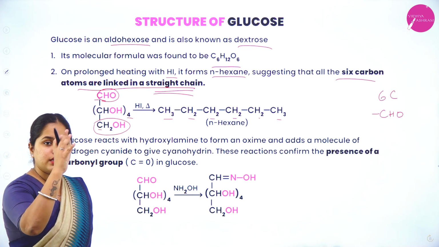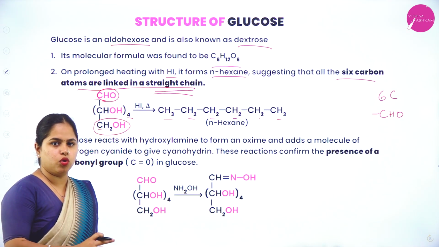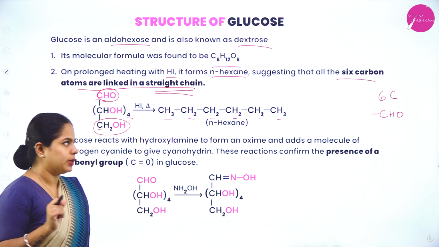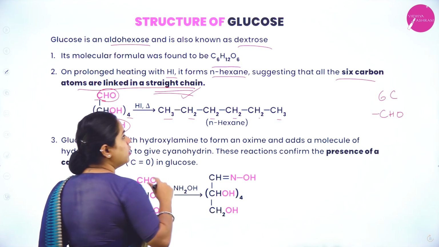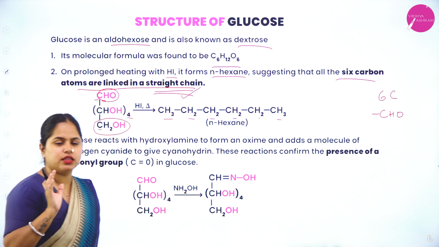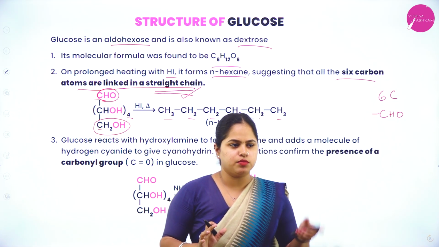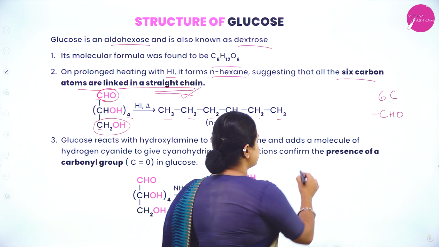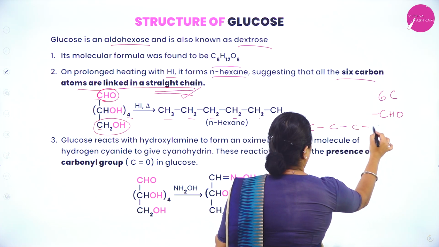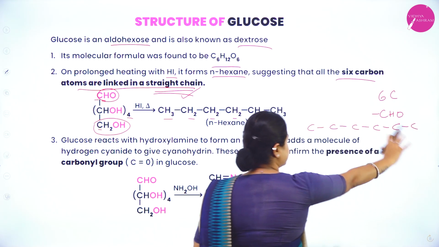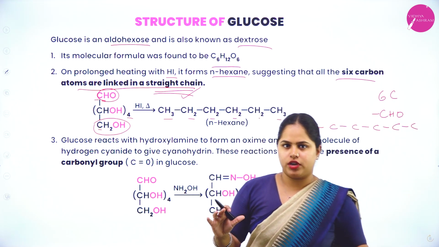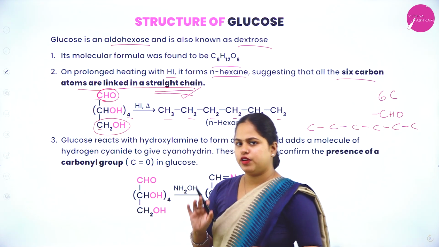That means all the 6 carbon atoms in glucose are present in a straight chain. Okay, that was the first result that we found regarding the structure of glucose. So, there are no branches regarding the carbon atoms. All the 6 carbon atoms, that is 1, 2, 3, 4, 5, 6, are present in the straight chain. Okay, so that was the first thing.